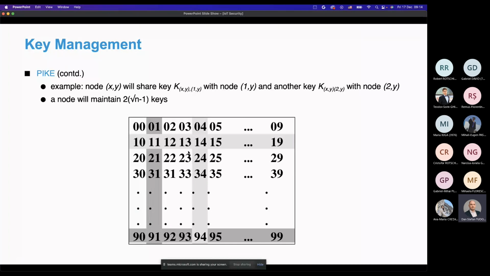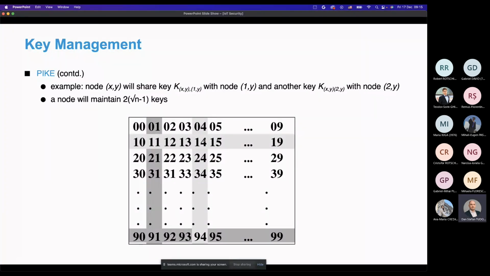The dark shaded boxes identify all the nodes that share a key with node 91. So node 91 shares keys with nodes 81, 71, 31, 11, and 01.